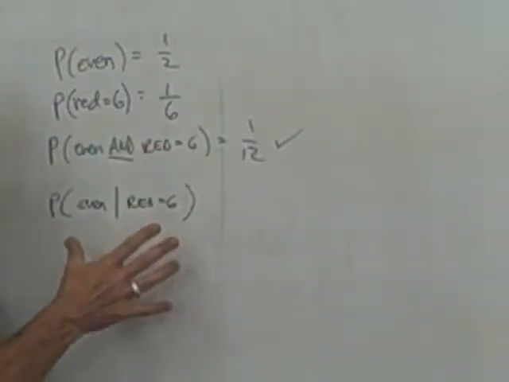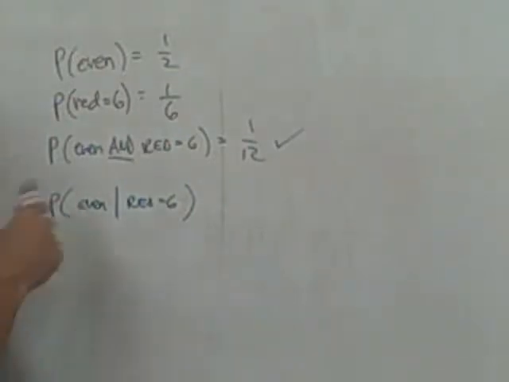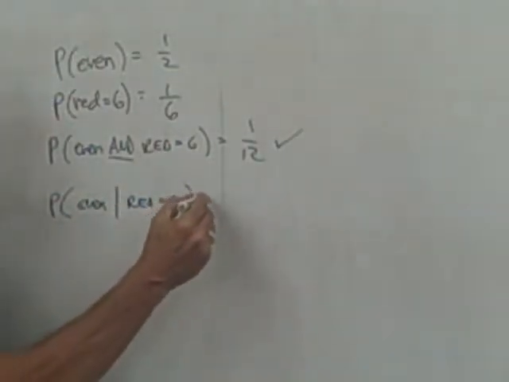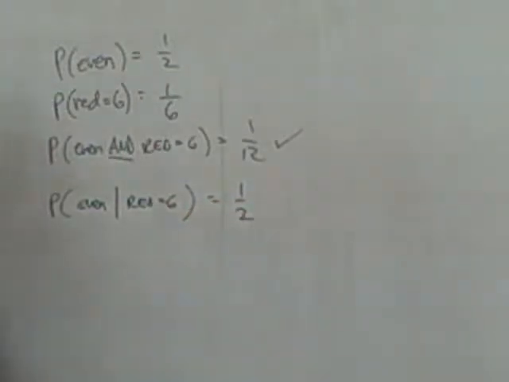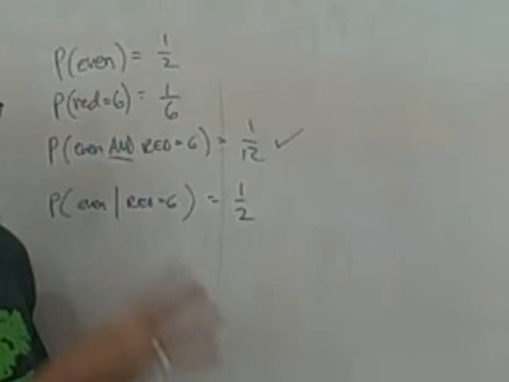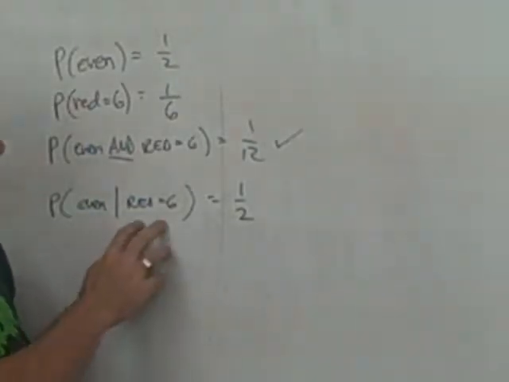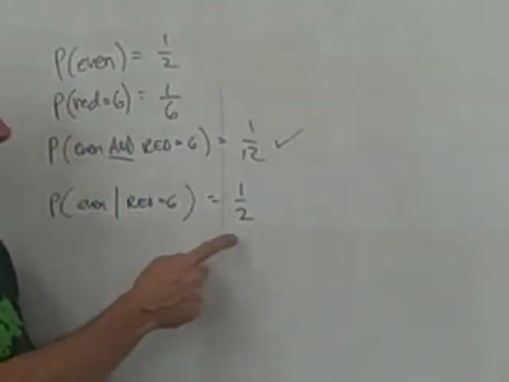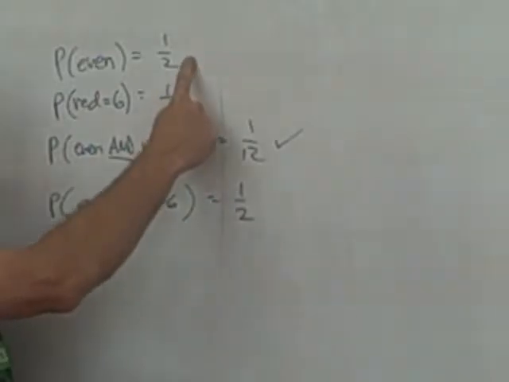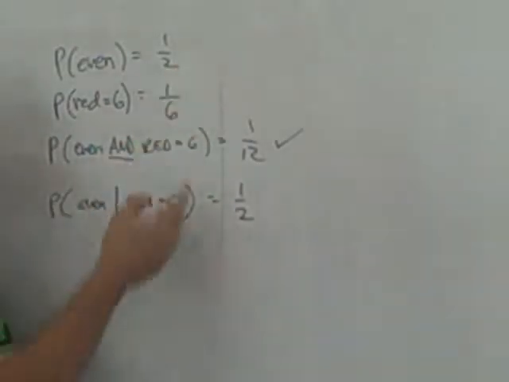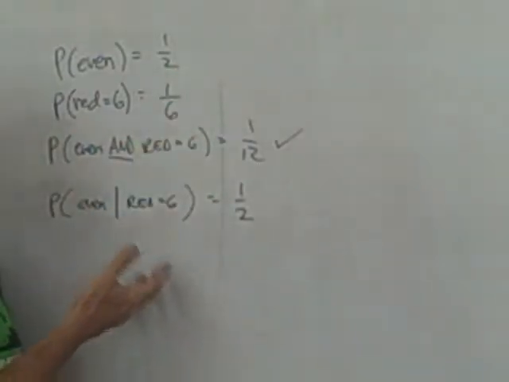And when they're independent this way, what you find is that this probability of it being even when the red is known to be 6 is exactly the same as it was before. If you look back at the outcomes we started the video with, you'll see that 3 out of the 6 that are in this event are in fact even. So this probability is exactly the same as the probability not knowing that the red was equal to 6. When they're independent, that's what's going to happen. The conditional probability is exactly the same.